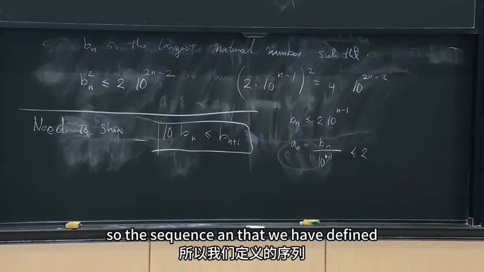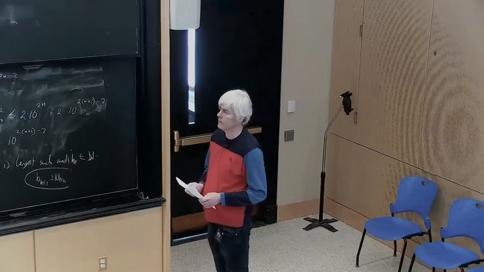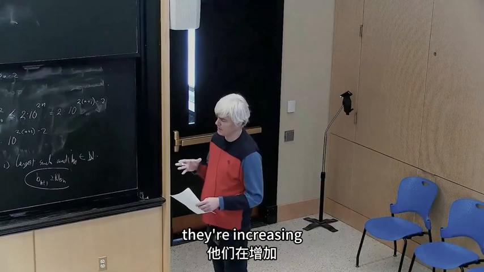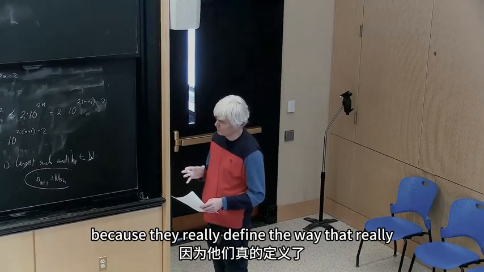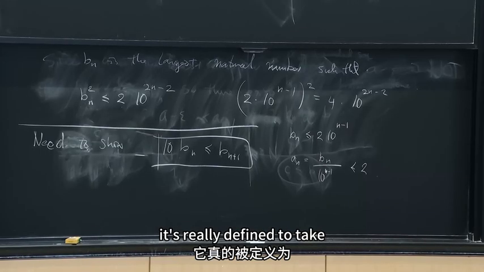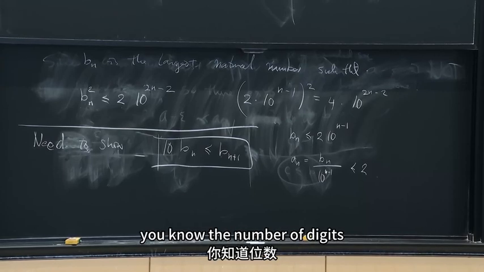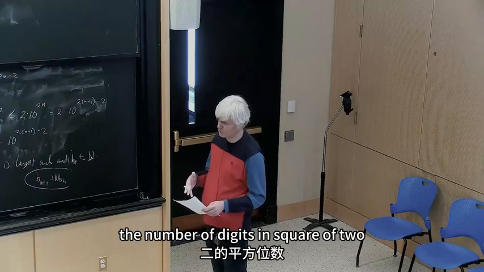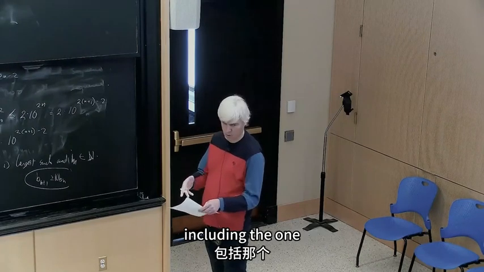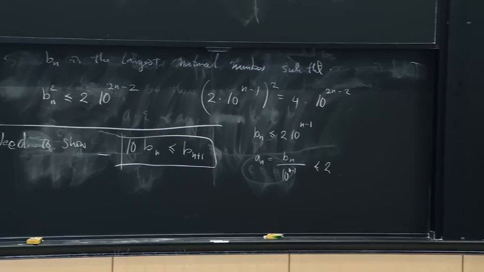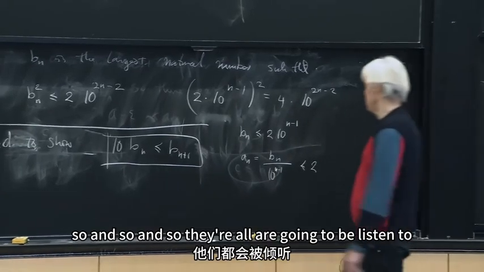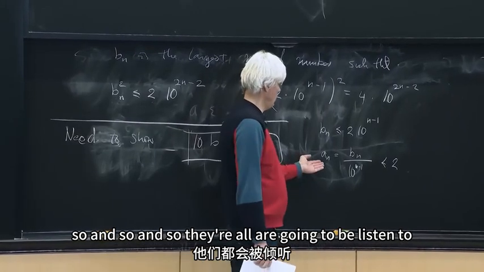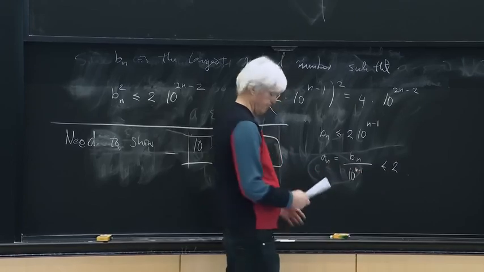So the sequence an that we have defined is, as you would have expected, increasing, because it's really defined to take the number of digits in the square root of 2, including the starting 1. And they all are going to be less than 2.